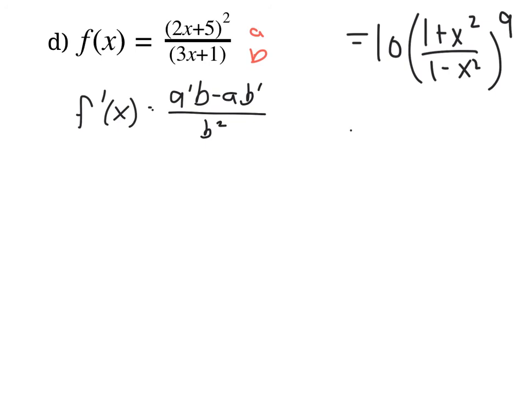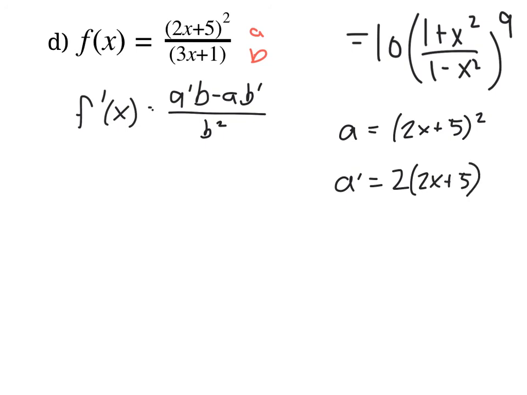So if I call A as (2x + 5) to the power of 2, let's apply our power of a function rule to find out what A prime is. So remember, our power of a function rule is sort of like the power rule, but we have to multiply by the derivative. So again, we're going to bring that 2 down in front, 2(2x + 5), and then we have to multiply by the derivative of what's in the brackets, which is just going to be 2.